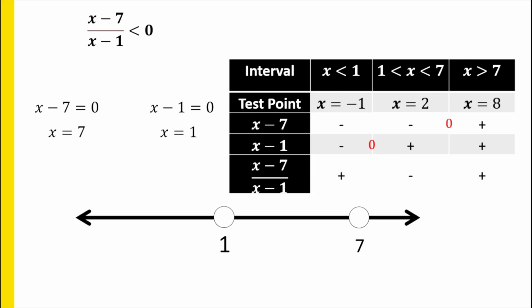So 1 and 7 are not included, of course. That's a hole. And then x is between 1 and 7, so we'll highlight here in the middle. Therefore, our solution set for this inequality is 1 to 7 exclusive. 1 and 7 are not included.